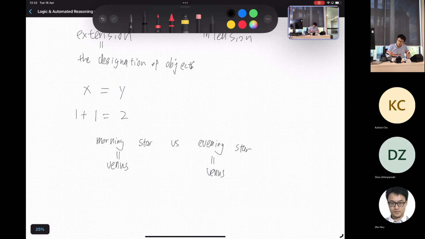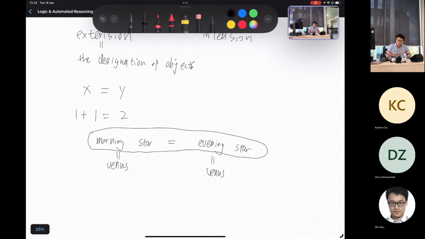Now the problem arises when we think about this: morning star equals evening star. A few minutes ago, you were not sure. So if I told you morning star equals evening star, you've learned something.